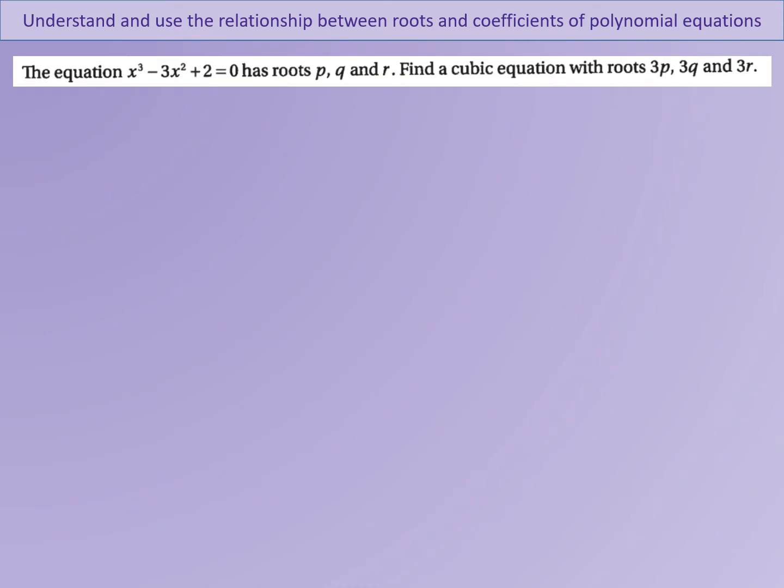Let's take a look at this cubic equation that has roots p, q and r, and use this to find a new cubic equation that has roots 3p, 3q and 3r. So starting with the coefficients of that cubic, we have a is 1, b is -3, c is 0 and d is 2.